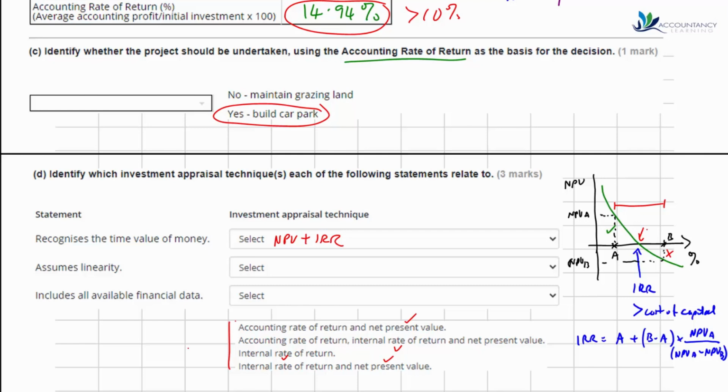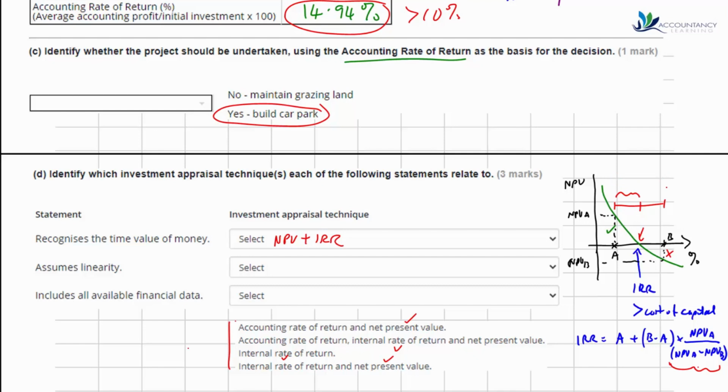So it's not going to be the full B minus A. We want to just find some way along it. And that's what this part of the formula is trying to achieve, is trying to work out how far along B minus A are we aiming for. So what is the proportion? And we're trying to work out what is that element of the whole distance between B and A.